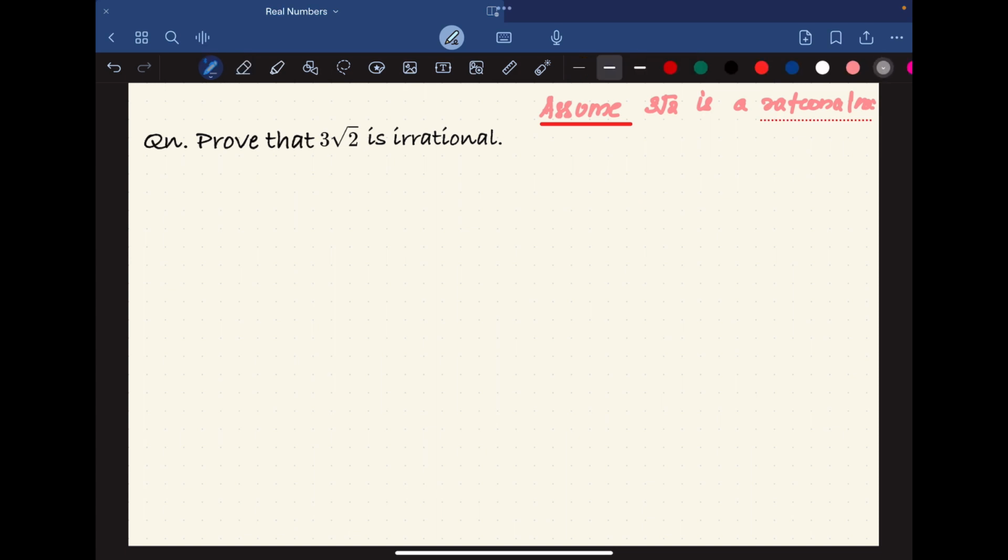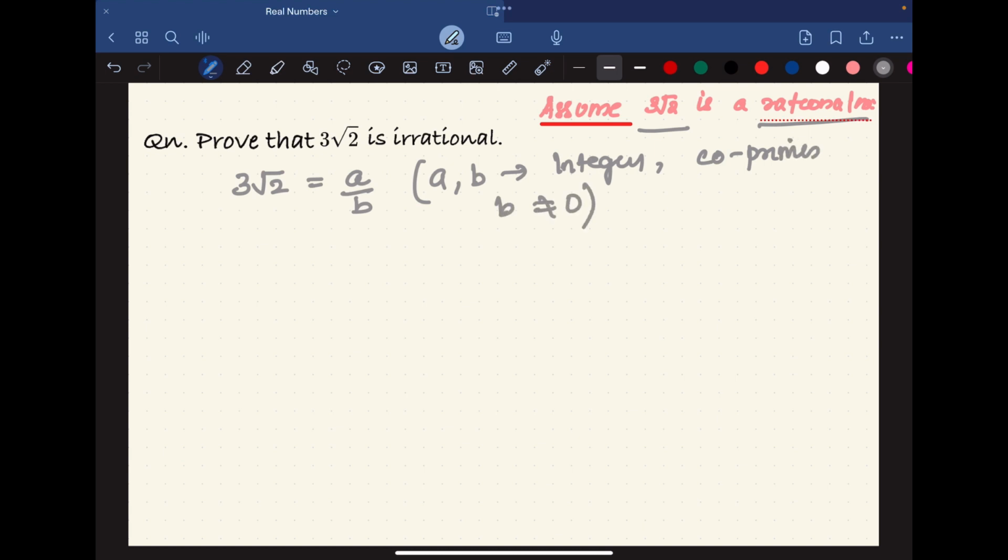Prove that 3 root 2 is irrational. For proving 3 root 2 is an irrational number, first we assume 3 root 2 is a rational number. If 3 root 2 is rational, we can represent it in the form of a by b, where a and b are integers, both are co-prime, and b is not equal to 0.